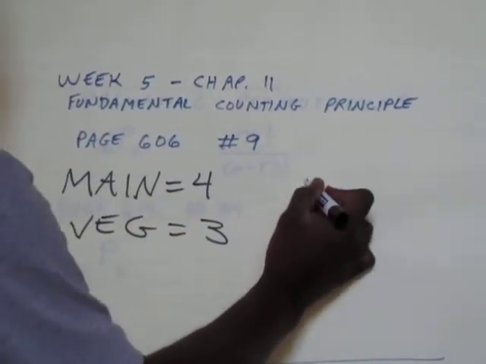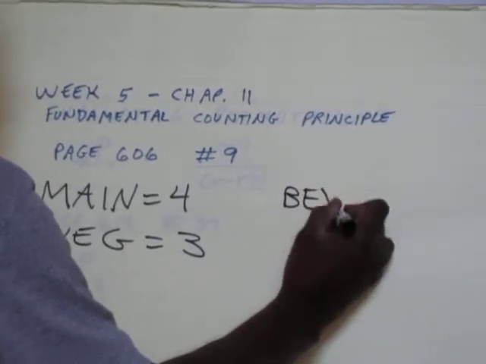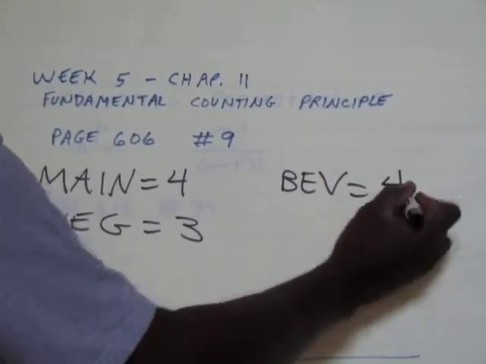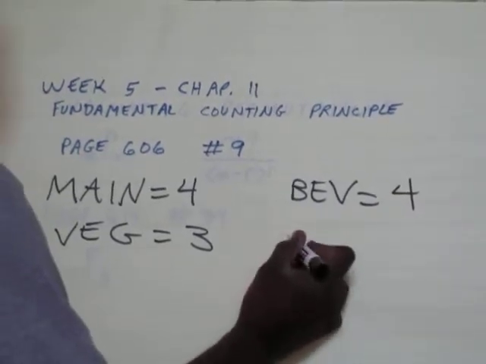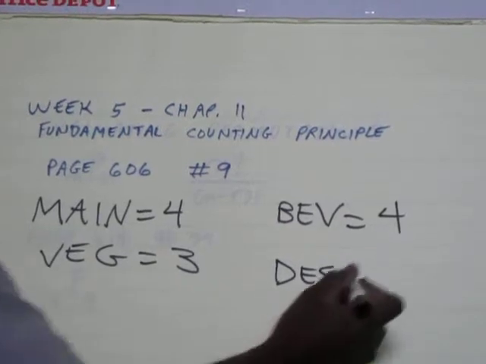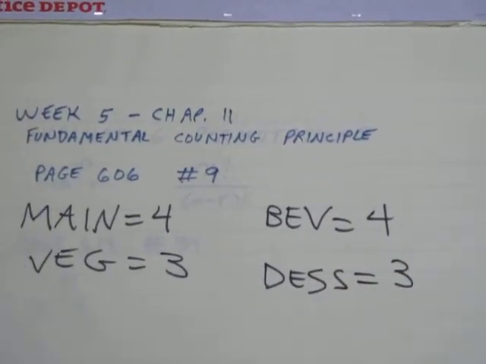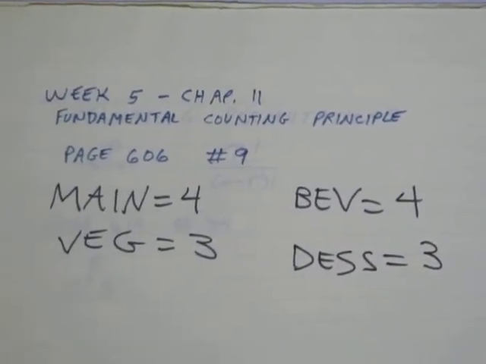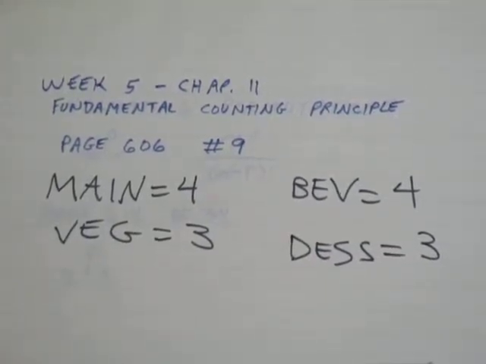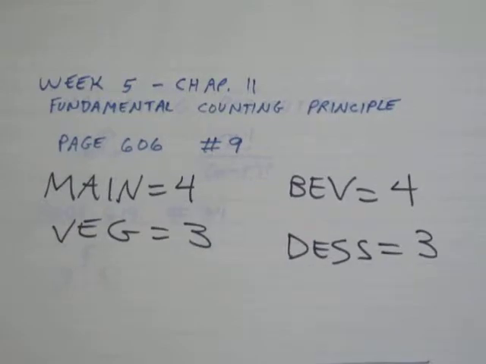For a beverage, 4, and for dessert, 3 to select from. Now, what we'd like to do is compute the total number of possibilities for meals.